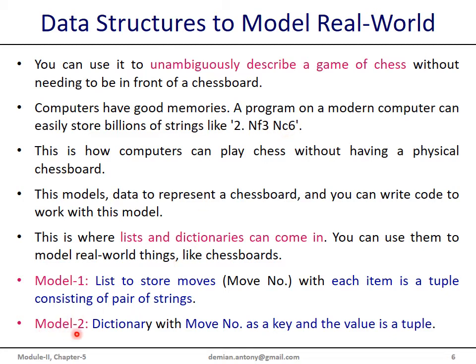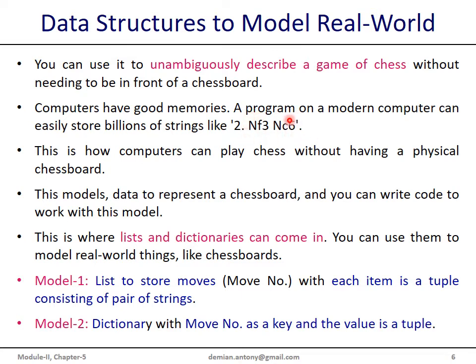And the second representation, a model, is the use of a dictionary. A dictionary with the turn or move number as a key, and we store a value which is a tuple representing two strings, like the list.